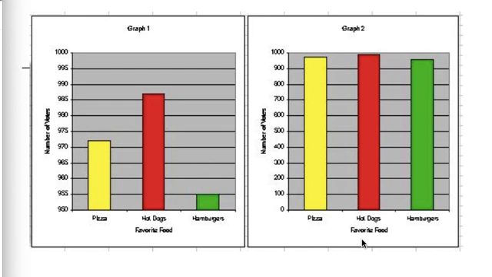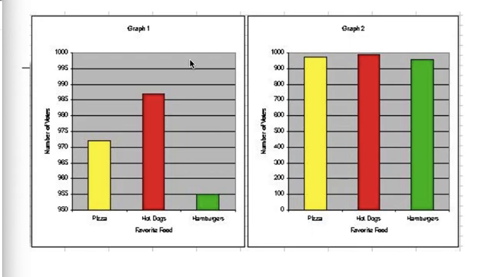So this first one is talking about pizza, hot dogs, and hamburgers. In this graph, you can see they put the title at the bottom, which typically isn't our favorite thing to do. It would be better if they had a nice title here, but the title should really be that these graphs represent people's favorite foods.